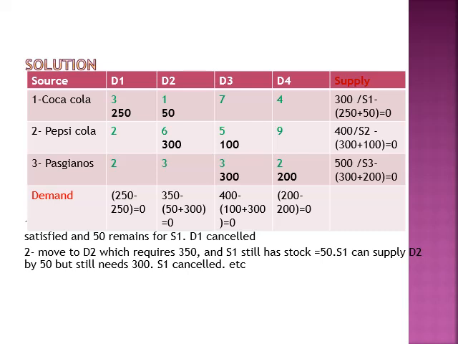Then we will move to the next, D3. D3 wants 400, but Pepsi Cola has just 100. Pepsi Cola can give D3 100 and the stock of Pepsi Cola is finished now.